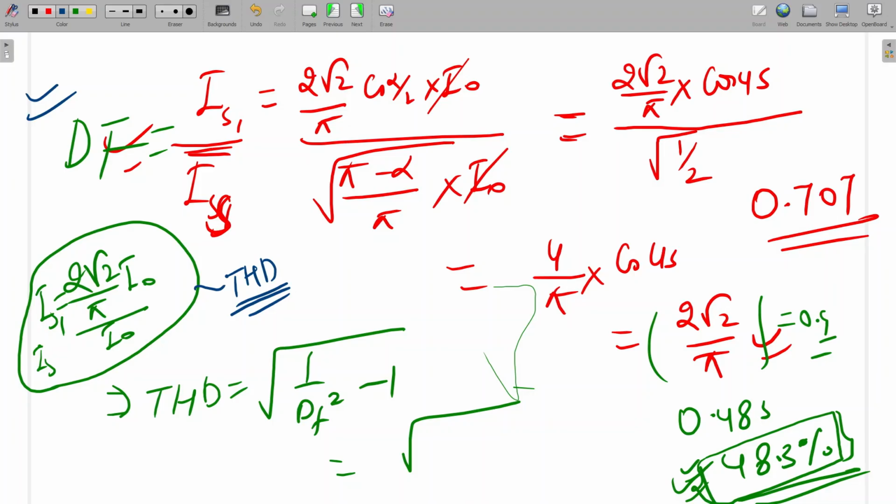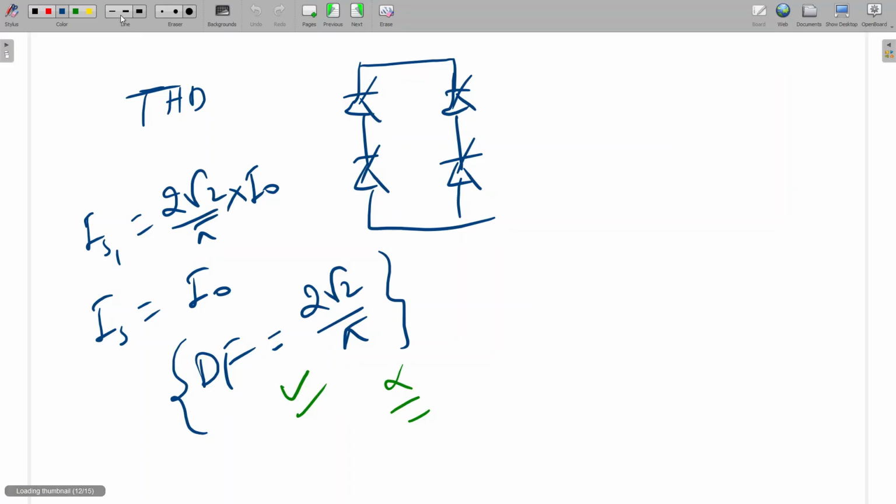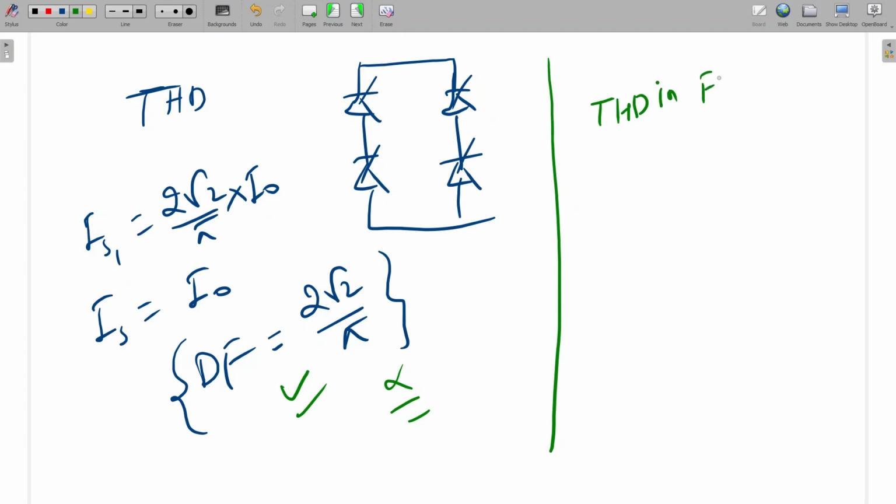Yes, sir. So see, one question can be framed like this. Let's say the question is: THD in a semi converter is the same as in a full bridge converter, so what will be the value of alpha?